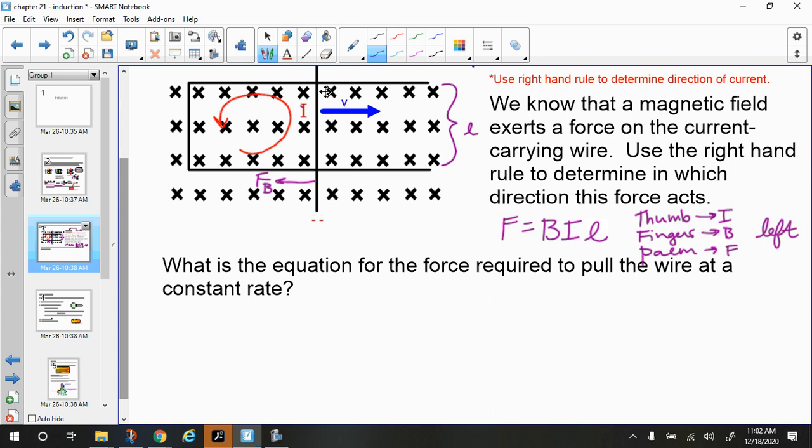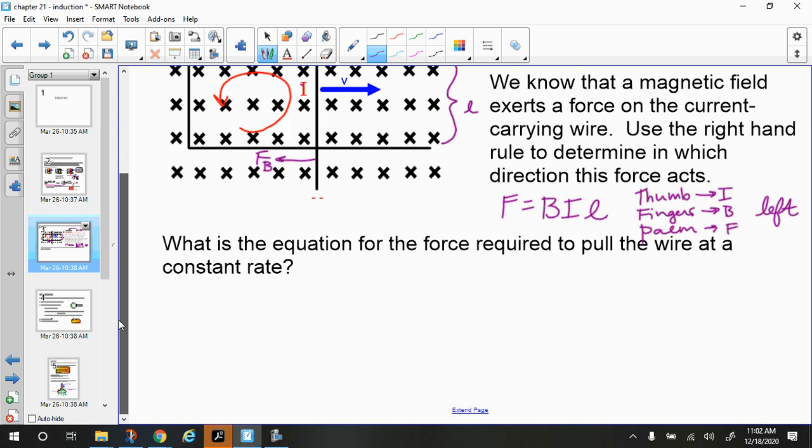So what if I wanted to move this bar at a constant speed? That's going to take a force because there's a magnetic force opposing the motion. So let's figure out what that force is. So we know that the force of pull, that's going to be too big. Okay. So the pull force that you have to give is equal to the magnetic force, which is equal to the magnetic field times the current times the length.